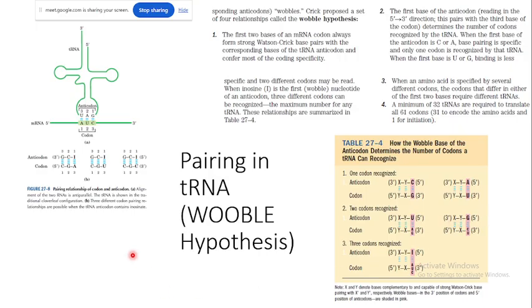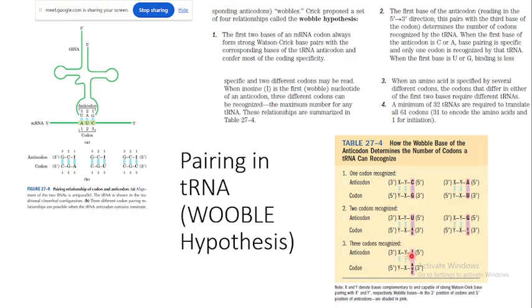And here we saw XYI. If I is the wobble nucleotide, it can recognize A, U and G. So YXA, YXU, YXC, all three codons can be recognized by the same anticodon, the same tRNA.